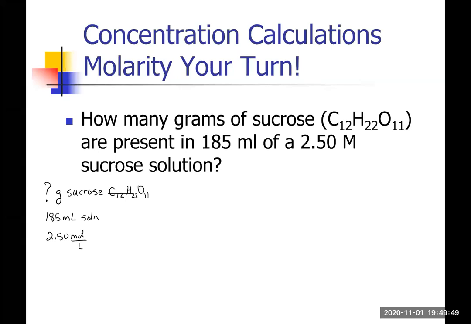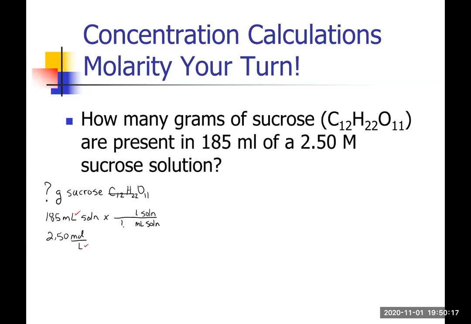Okay, when I analyze what I've got, I know that these mils that I have will not work with the liters that I have. So something's got to be done there, and I'm going to choose the one that's easier to convert, and that's the one with the single units. So when I convert this, I put mils of solution on the bottom, so it'll cross cancel, liters of solution on the top.